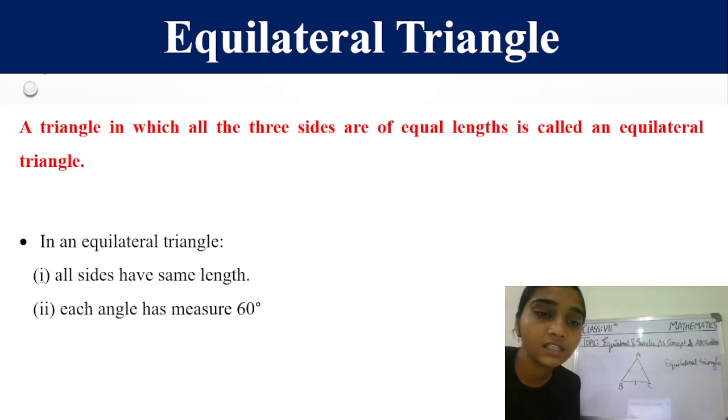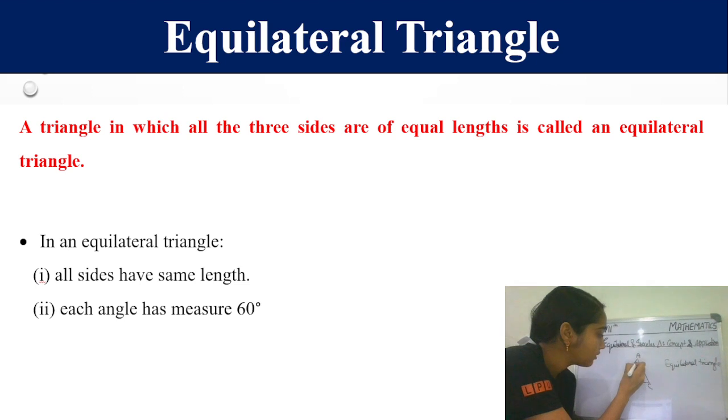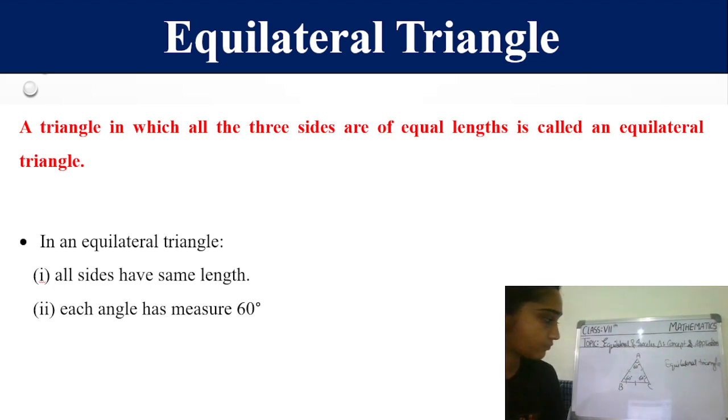Basically students, in this equilateral triangle we say that all sides have the same length, and one more thing about the equilateral triangle is that the three angles of the equilateral triangle, each angle is equal to 60 degree. Okay, in the equilateral triangle.